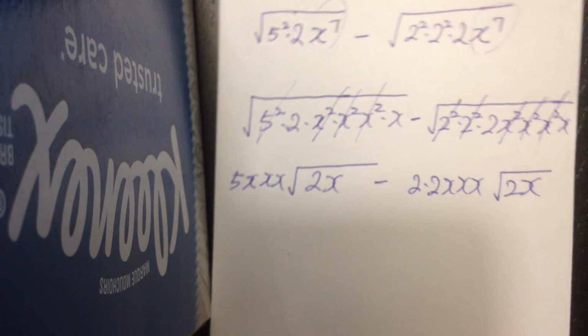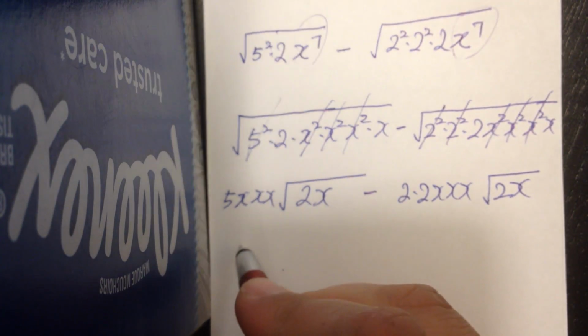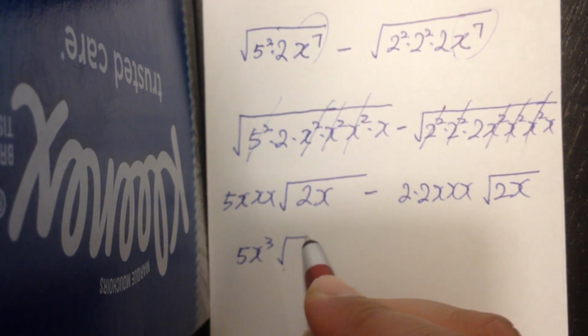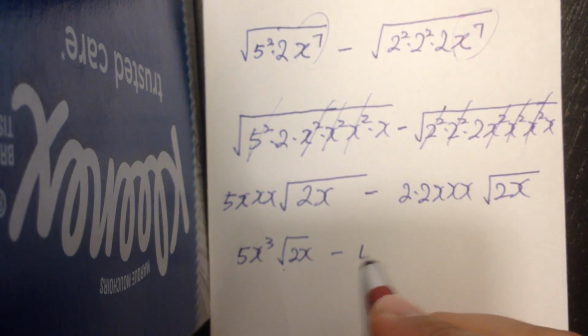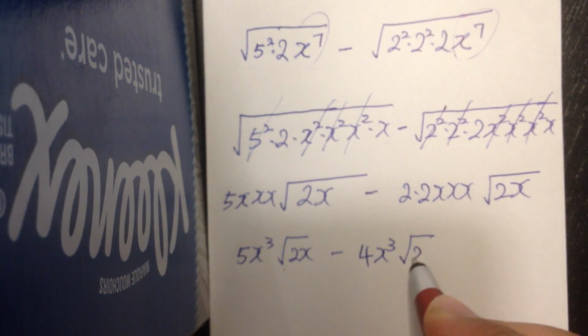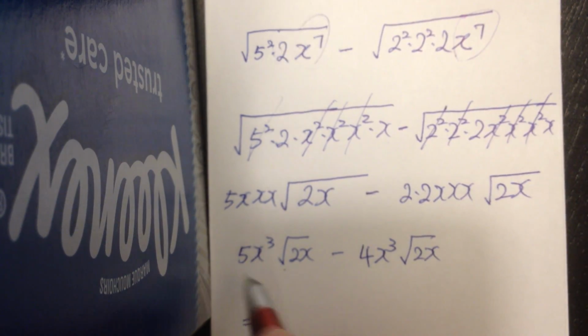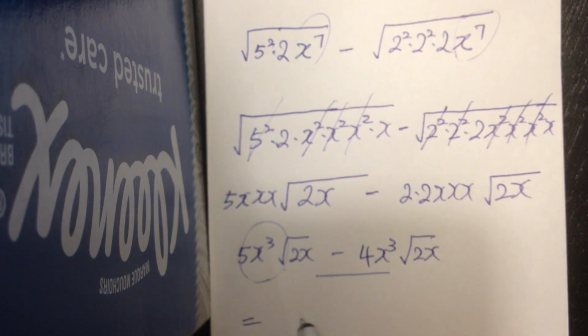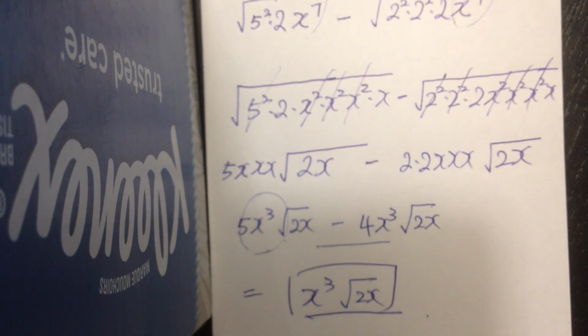So of course we're going to write it 5x cubed 2x minus 4x to the third power 2x. At the end we get x cubed 2x. Okay, so that's the answer.